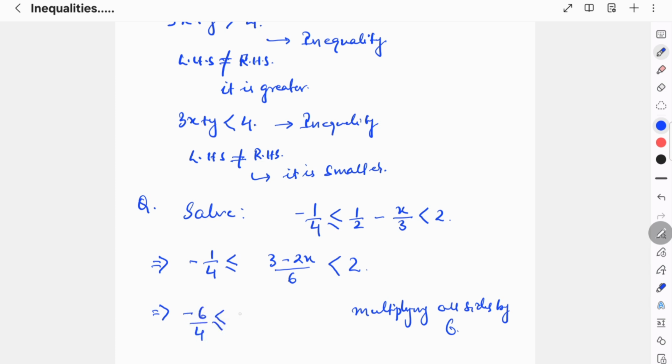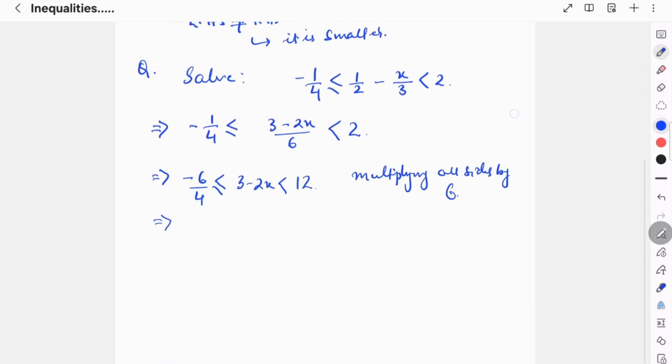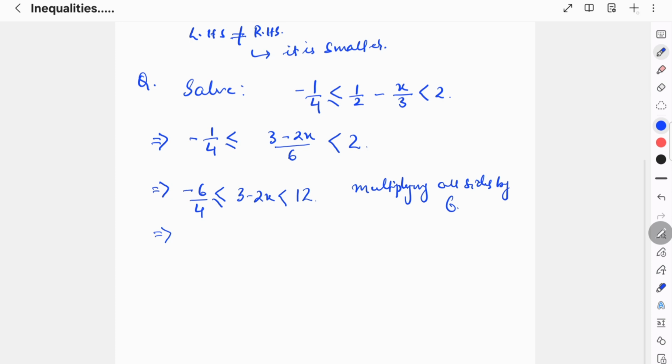So we get 6 by 4 which is negative 6 by 4, and this side we get 3 minus 2x, and on the right hand side we get 12. Now we need to get rid of this 3 which is with 2x. So we will be subtracting 3 on all the sides.